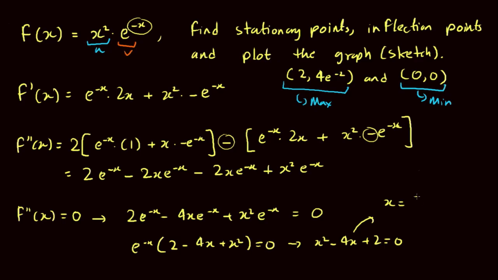One of them is pretty large, by the way, about 3.414, and another one is about 0.585, or 0.586. If you want to write it in the perfect form, it's actually 2 minus root 2, and this one in perfect form would be 2 plus root 2. So we have 2 inflection points.